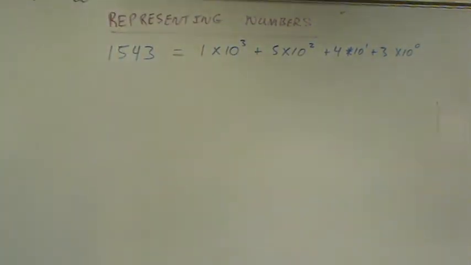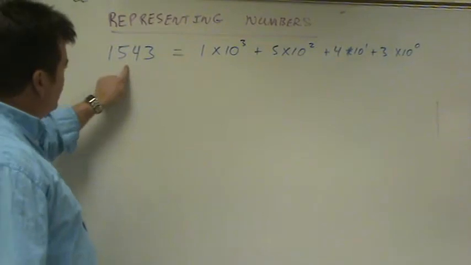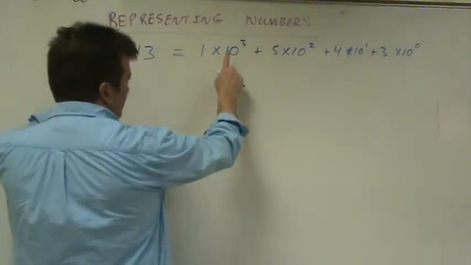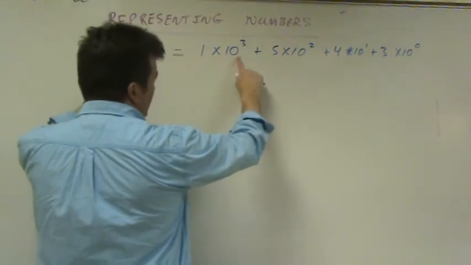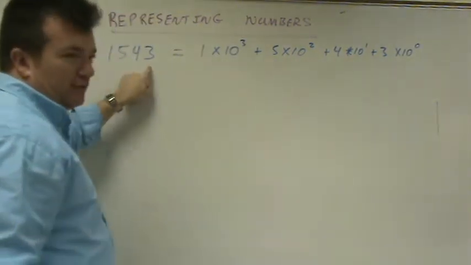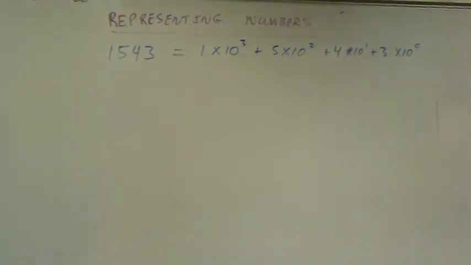Right? So that's really what we're doing. We're saying each one of these columns represents a number, but we're multiplying that by 1,000, multiplying the 5 by 100, multiplying the 4 by 10, and multiplying the 3 by 1. So this is something, obviously, we're used to.